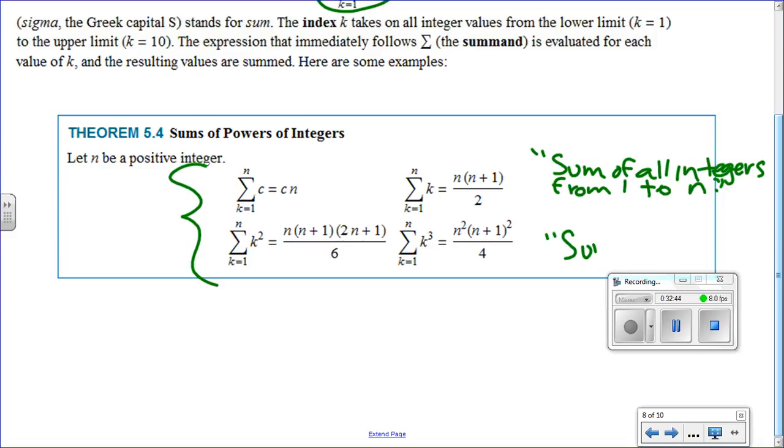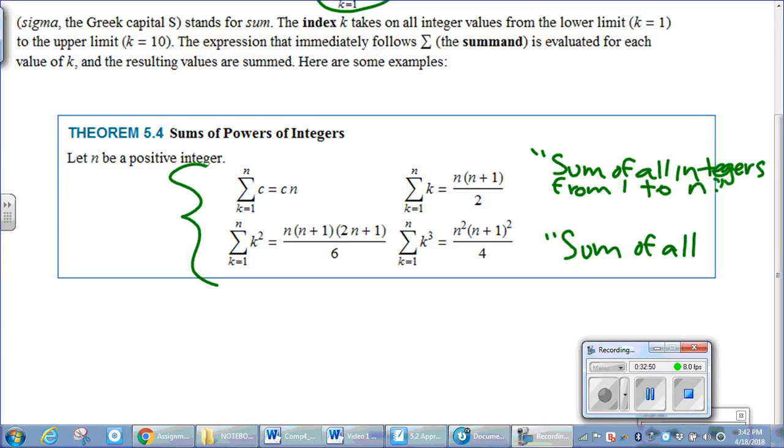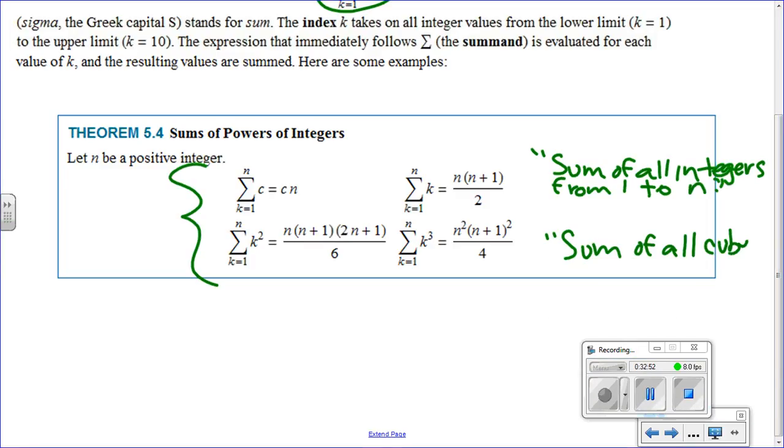And then this is the sum of all cubes from 1 to n, and you can use this for computer science. And of course, this is the sum of all squares.